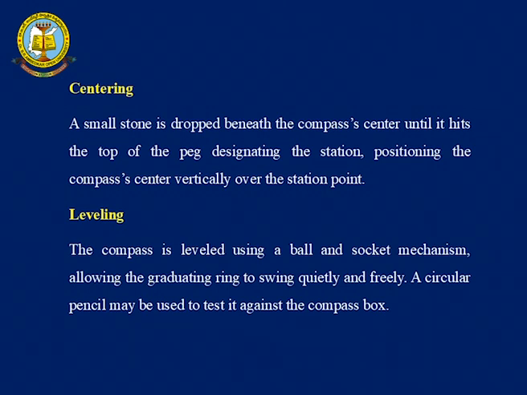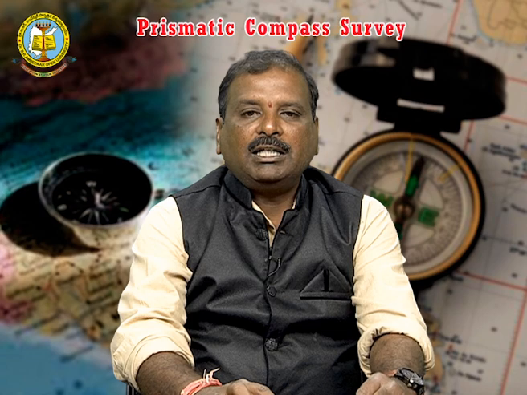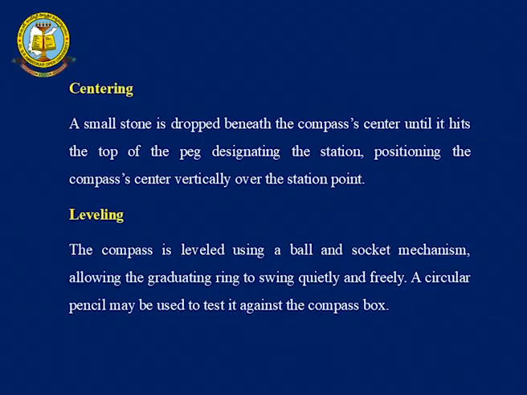You keep a peg on the ground, and when you drop the stone, it falls on the peg. At that time you have centering. That peg is the station. So, you position the compass center vertically over the station point. This is very important, so initially you have to do centering.